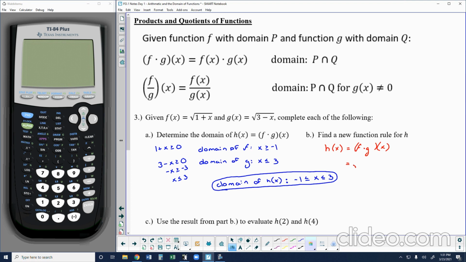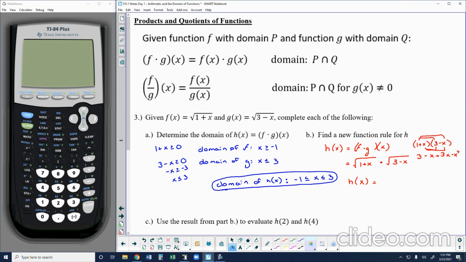So essentially what we would have is 1 plus x times 3 minus x within the root. So if you do the distribution here, you'd have 3, a negative x, a positive 3x, and a negative x squared. So within the root, h of x would become the square root of negative x squared plus 2x plus 3. And this would be the new function rule.